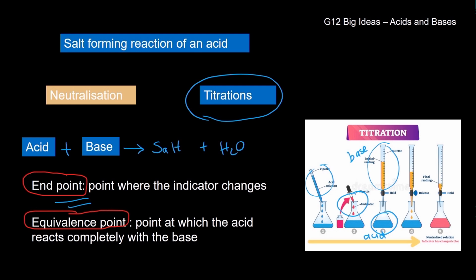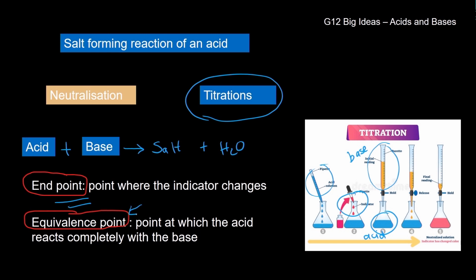The endpoint is where the indicator actually changes color. There are 3 colors for the indicator, 1 in the base, 1 in the acid, and then there's a slight change in the indicator color as this endpoint is reached, and you need to be quite precise about that, and use good observation with your eye to check where that endpoint actually is.